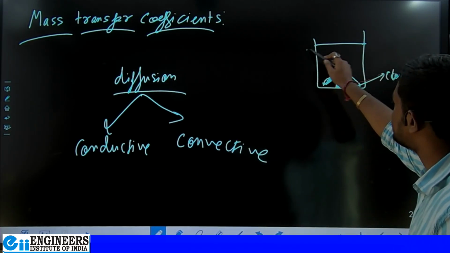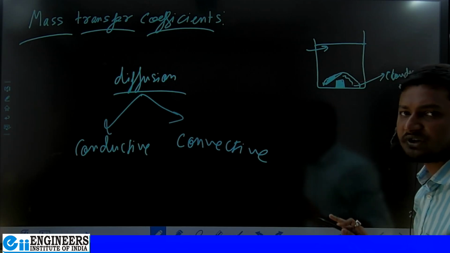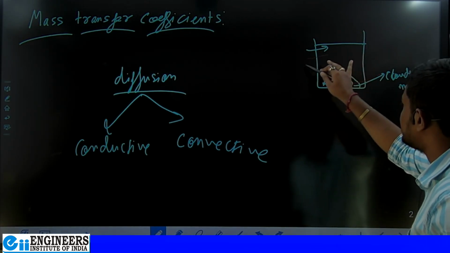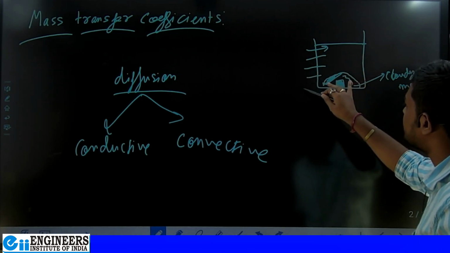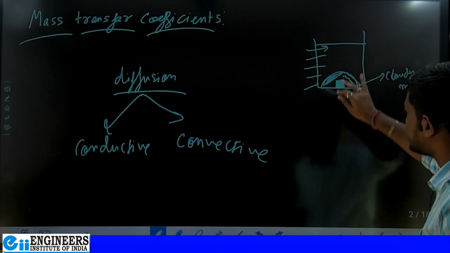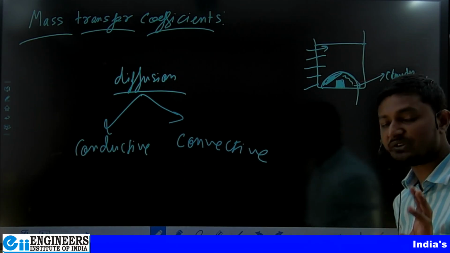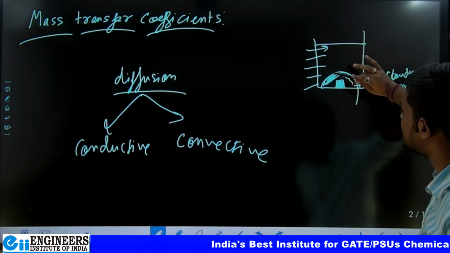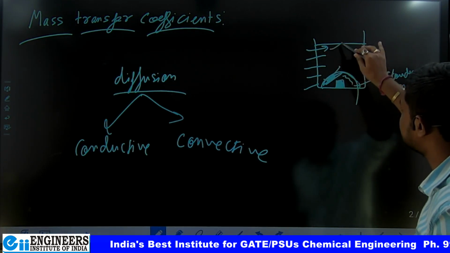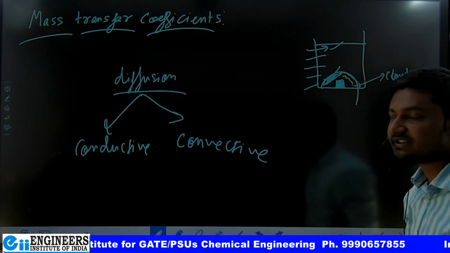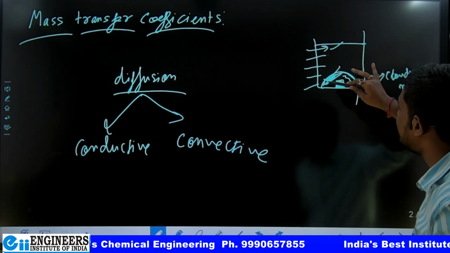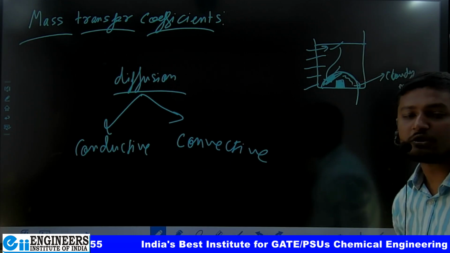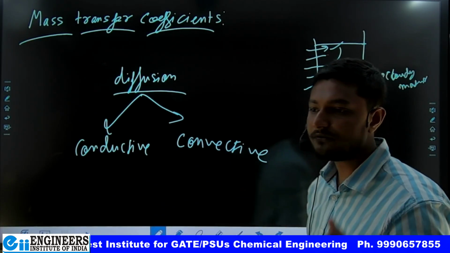Here a negligible amount of sugar molecules will be present, then as we go down the amount of sugar molecules keeps increasing, and in this cloudy region the sugar molecules will be present in very high concentration. So a concentration difference will be created, and due to this our sugar molecules will start to transfer from the region of high concentration to the region of low concentration.